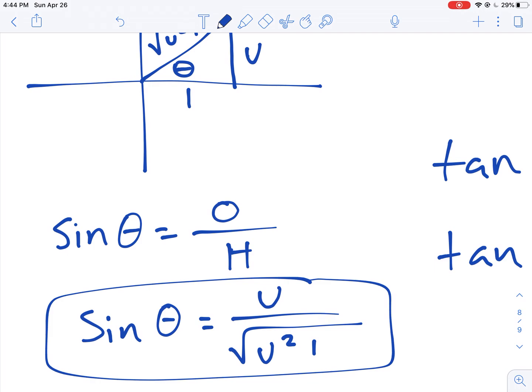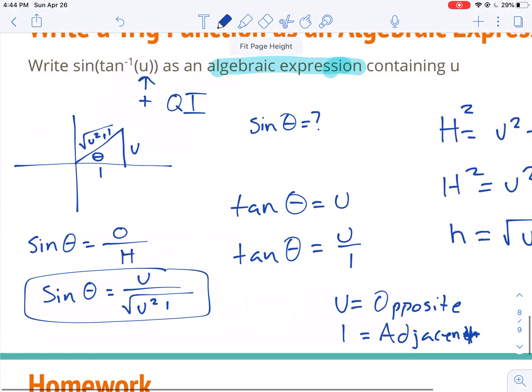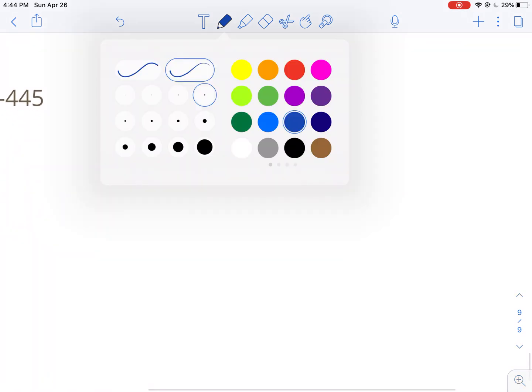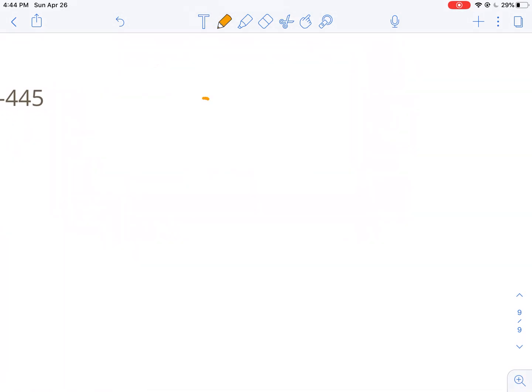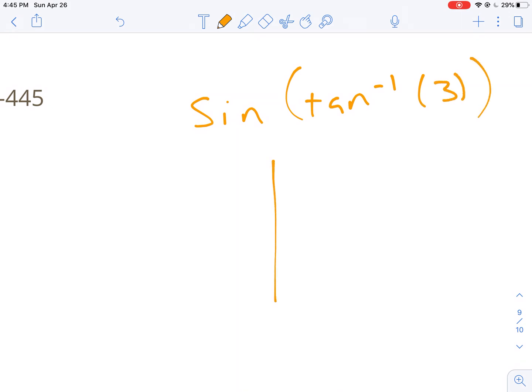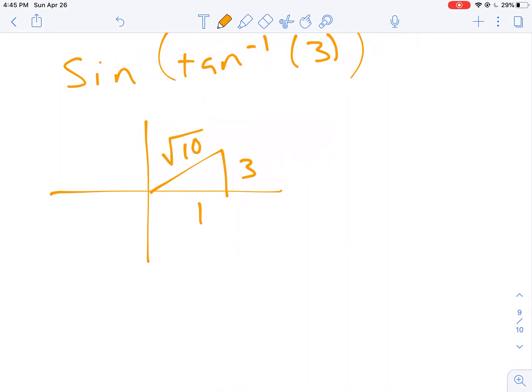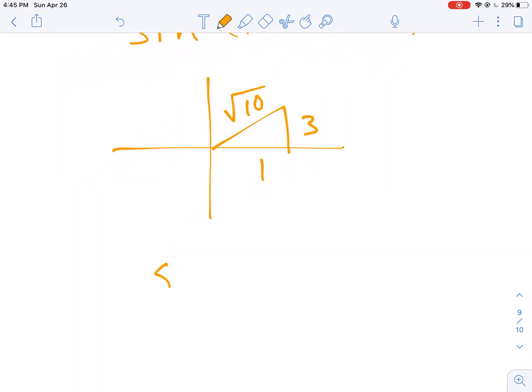But we're looking for that algebraic expression. And since these are video notes and I have the time, on the homework slide, I'm just going to go ahead and show you that for fun. Why not? So if I was being asked for the sine of the tangent inverse of, let's say, 3, I could go through the process of setting up my opposite side of 3, my adjacent side of 1, finding out that my hypotenuse is the square root of 10, and then saying that my sine would end up being 3 over the square root of 10, which would work out.